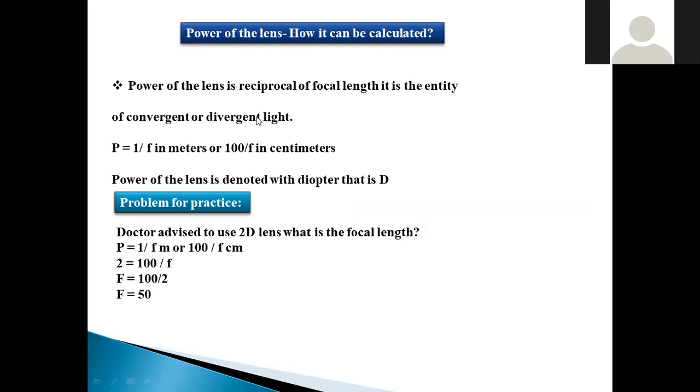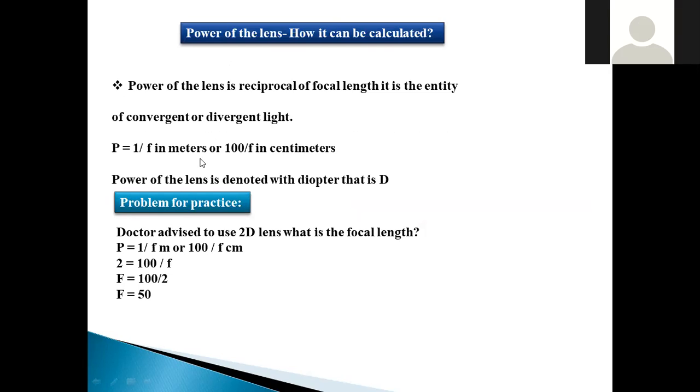So now let us see another very short topic of the human eye, that is the power of the lens. Whenever a person is suffering from myopia or hypermetropia, we have to use a suitable lens. In order to choose the suitable lens, we have to check its power.